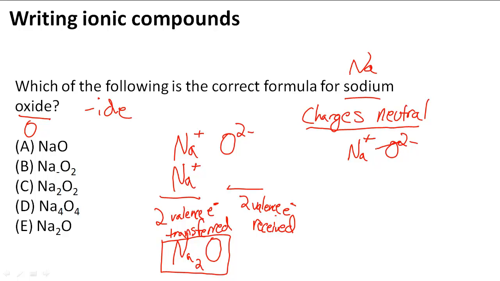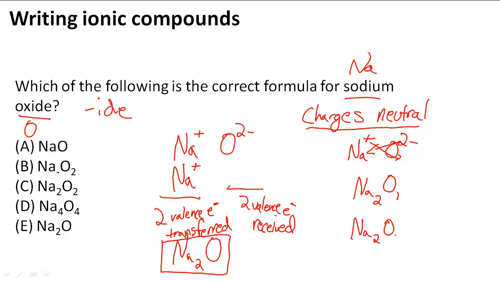So I'm going to move this 2 down here. So Na2, I just move that number 2 to the bottom. Then I put the positive's number on the bottom of oxygen, so that's oxygen 1, because that positive means there's only 1 electron transferred. So when we write it like this, remember that we only write Na2O.